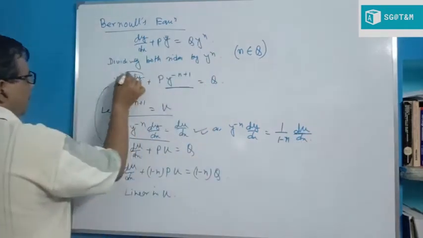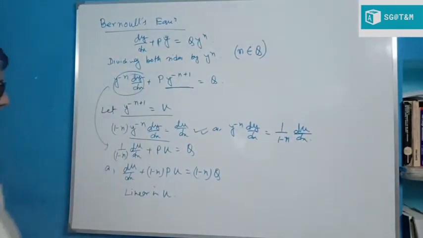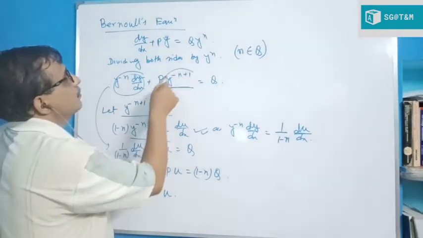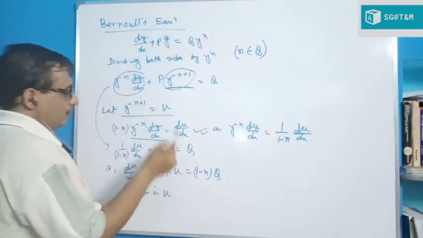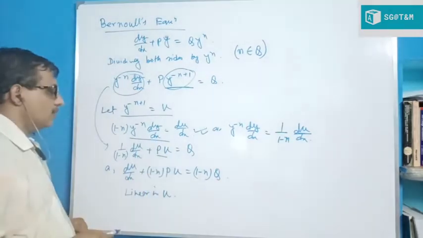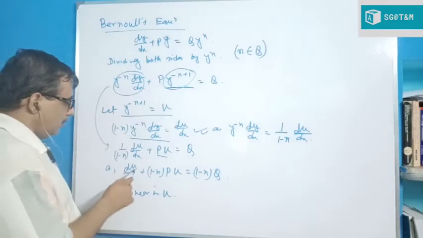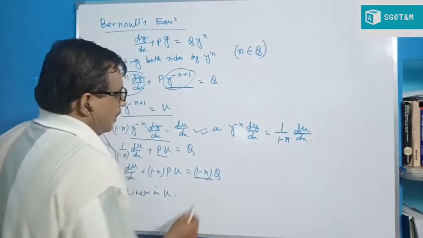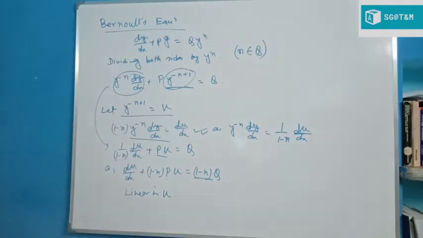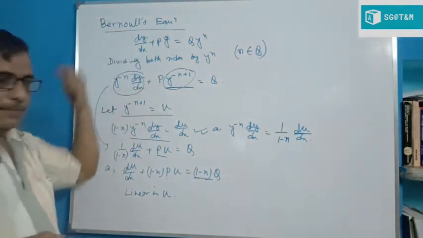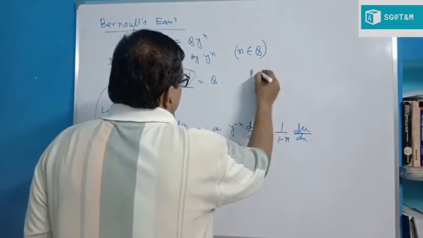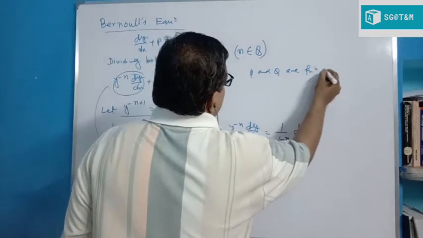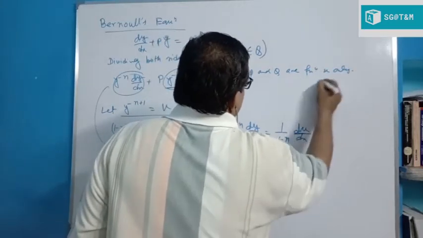So instead of this we can write 1 by 1 minus n du dx plus p into u, since this is u, is equal to q. Multiplying both sides by 1 minus n, we get du dx plus 1 minus n into p u is equal to 1 minus n into q, where p and q are functions of x only, like the previous one, or constants.